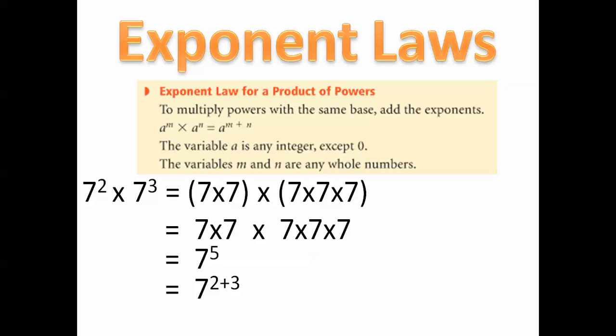Or 7 to the power of 2 plus 3, which gives us 16,807.